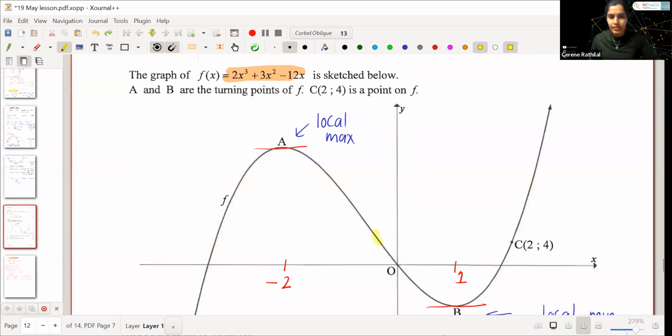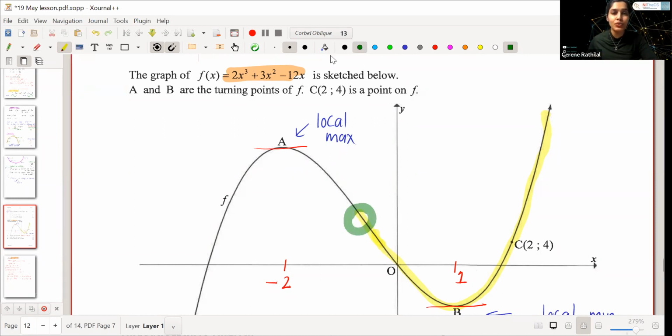This is all concave up. Possibly here too, but at some point it's going to change. So this was concave down, and then it's going to change to concave up. So I need to determine at what point it changes to concave up.